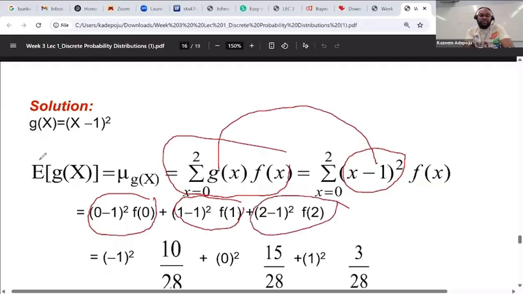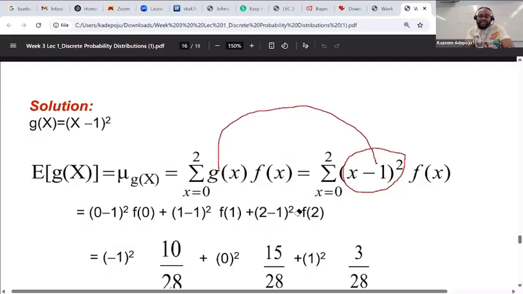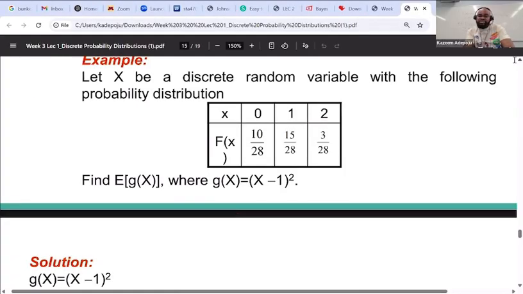Why are you plugging in 0, 1, 2? Because here, what did they give you? 0, 1, 2. And they've given you f of x.